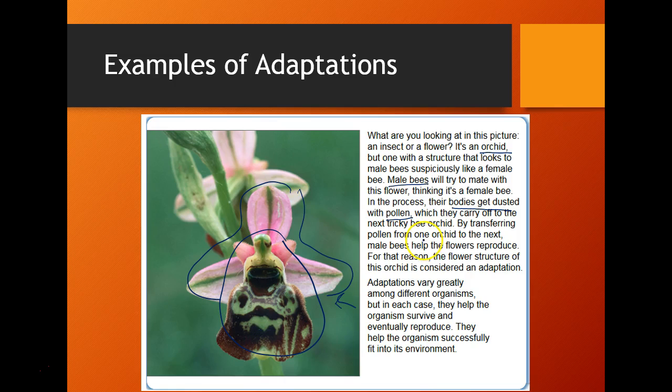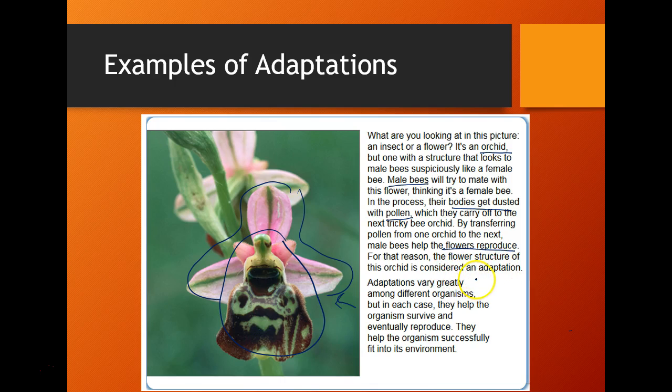By doing that, they're helping the flowers reproduce, allowing the flower to continue growing in size. That way, the flower isn't just in one area, but is able to grow in many different areas.